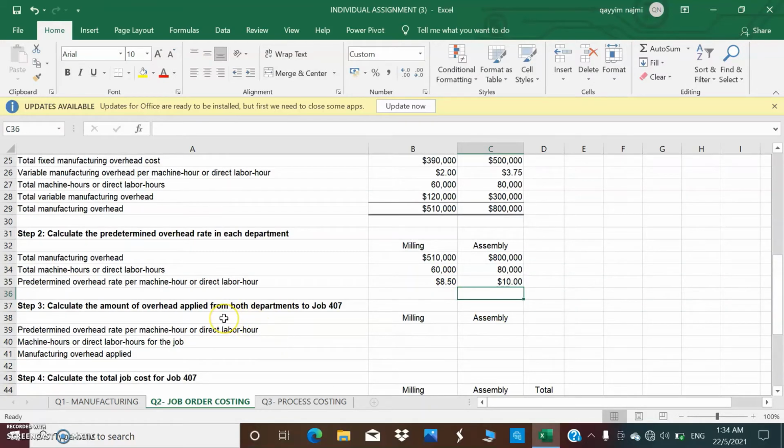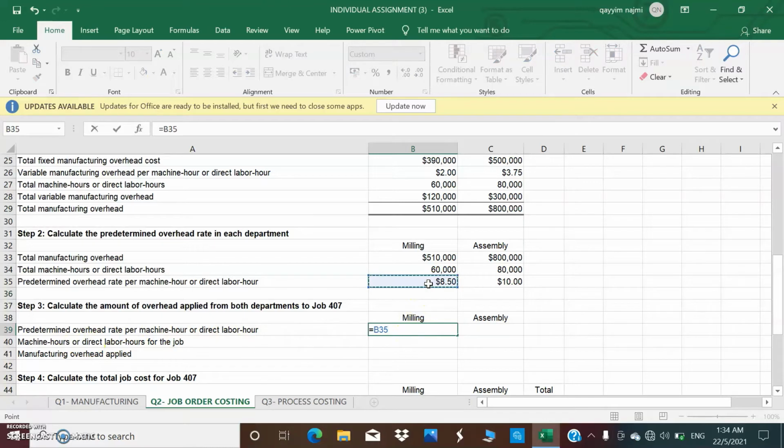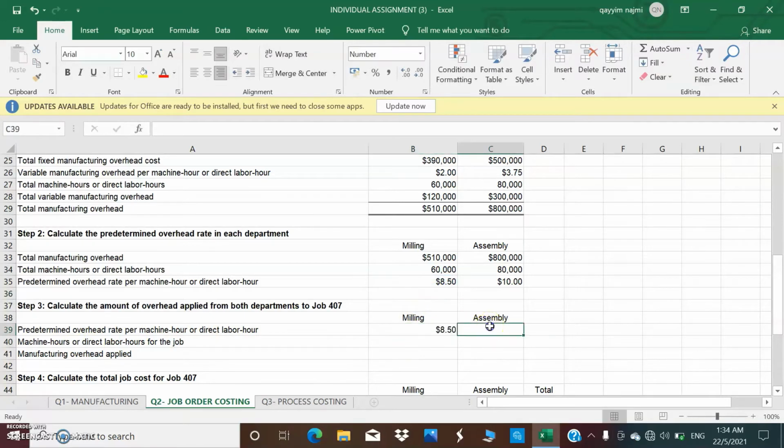Step 3: calculate the amount of overhead applied for milling and assembly. The POR from above is 8.50 ringgit for milling and 10 ringgit for assembly. The machine hours or labor hours depend on the basis each department uses, applied using the actual basis.